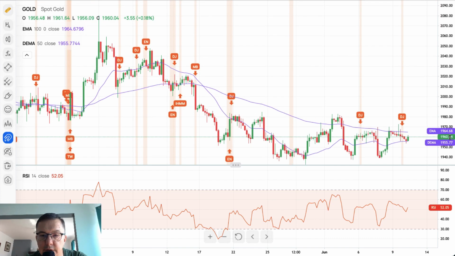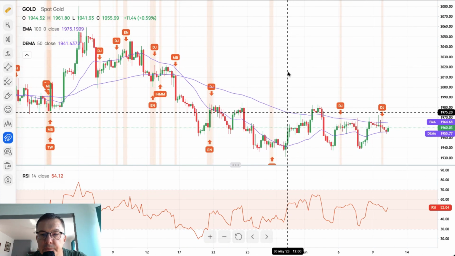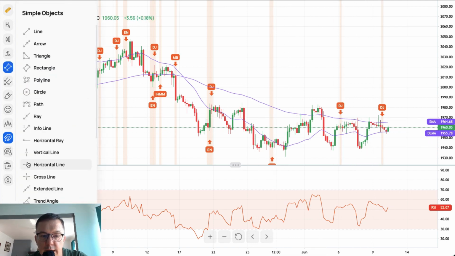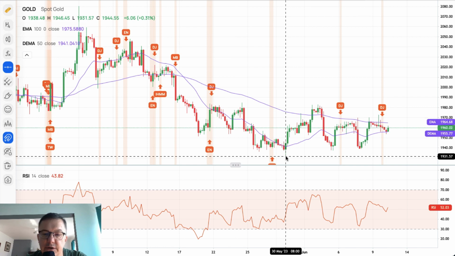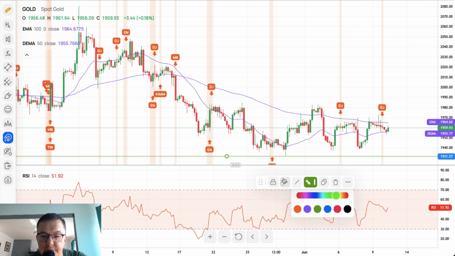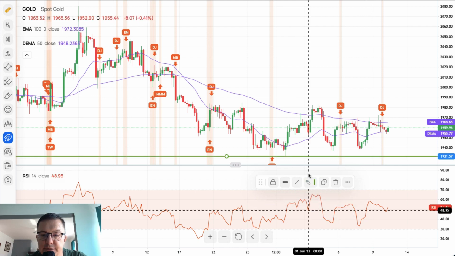Gold. What is going on with gold? Well, very dangerous times ahead for gold. Why dangerous times? Let me just take a look here. Look, $1,931 per ounce of gold is obvious here.